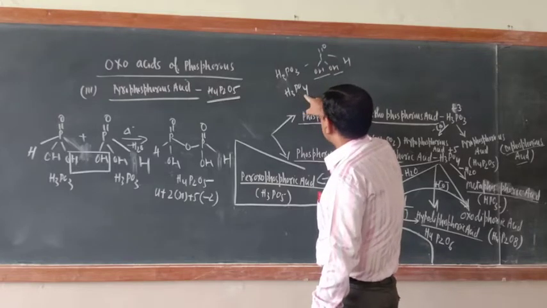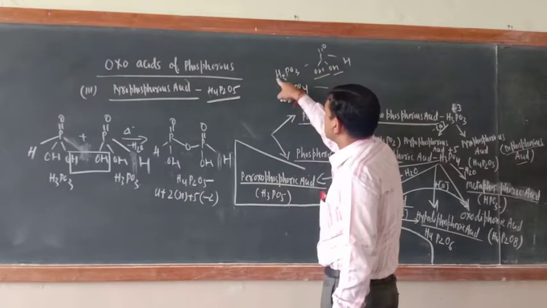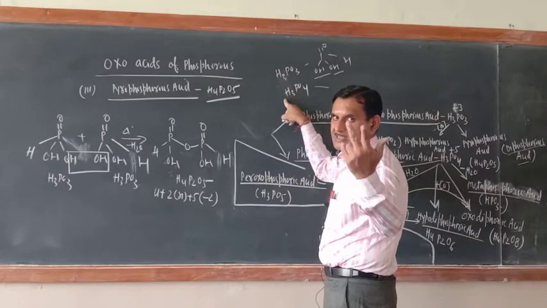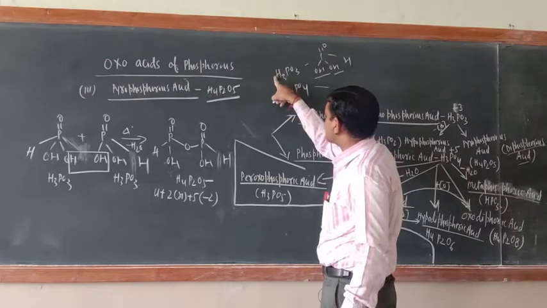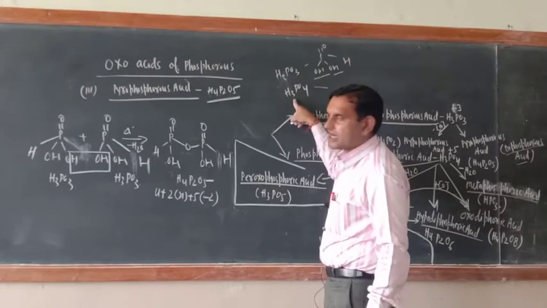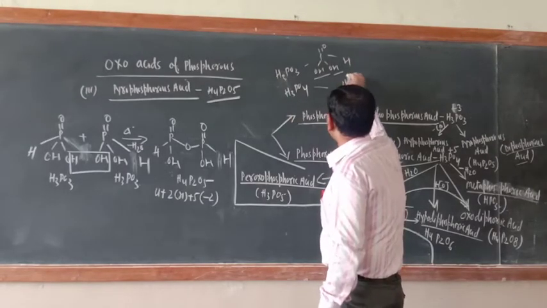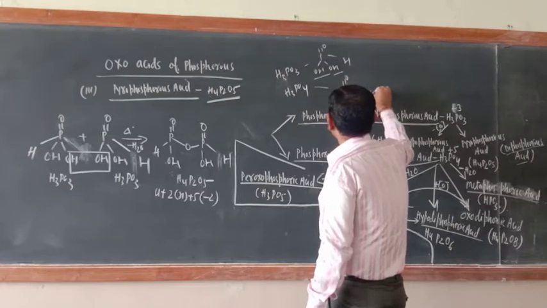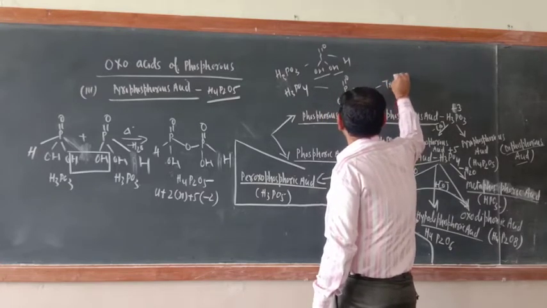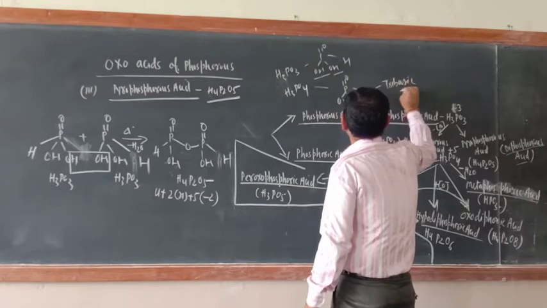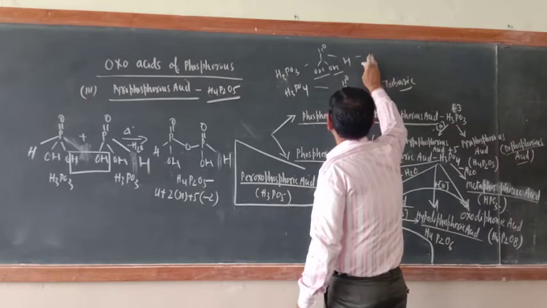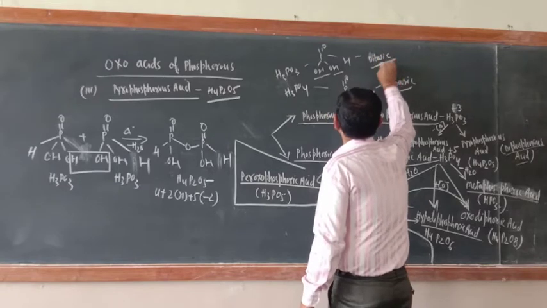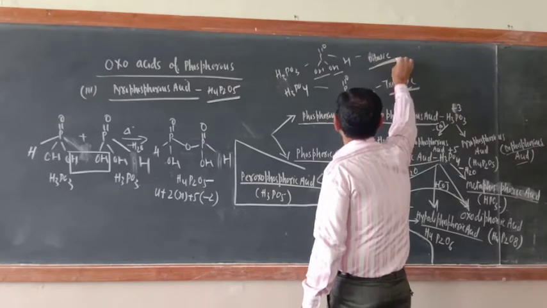What about H3PO4? Just see, here also 3, here also 3. So both should have been tribasic. But this is dibasic, this is tribasic. H3PO4: P double bond O, OH, here also OH, here also OH. So this is tribasic and H3PO3 is dibasic.